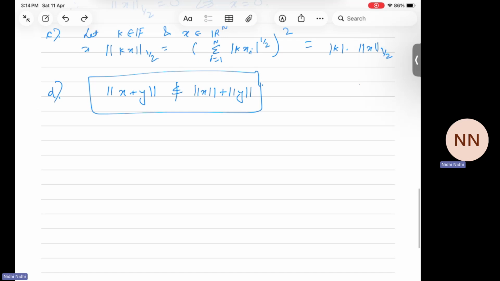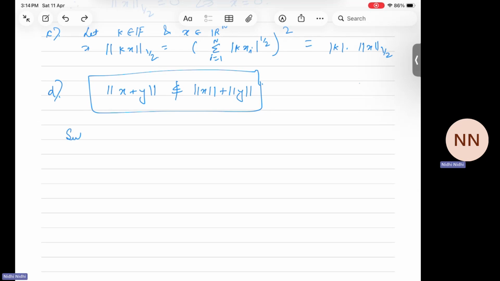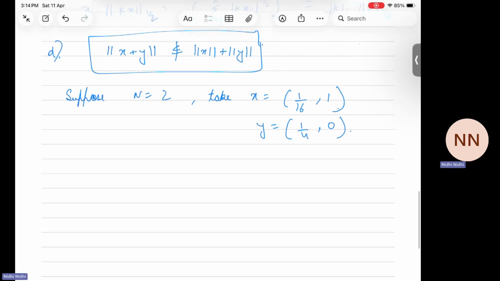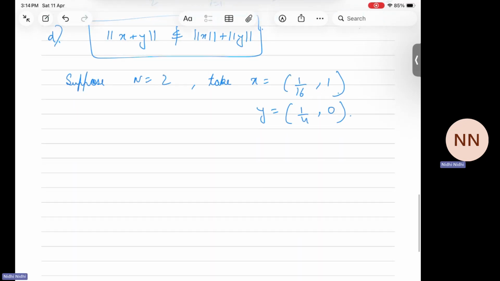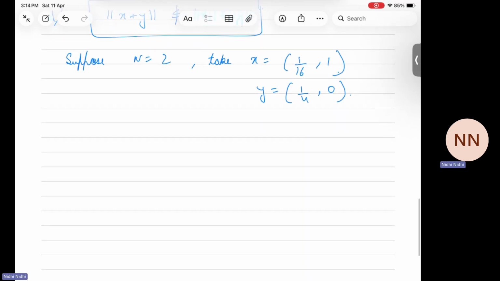Suppose n is 2, just for an easy example. Take x to be the vector (1/16, 1) and y to be the vector (1/4, 0). Let's see how we'll get the contradiction here. So what will be x plus y?